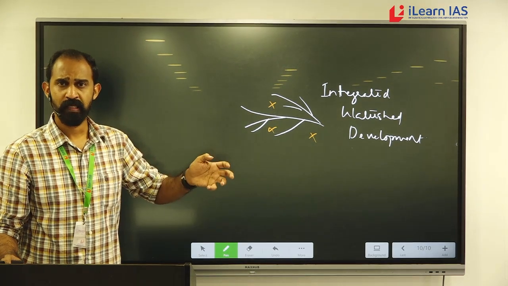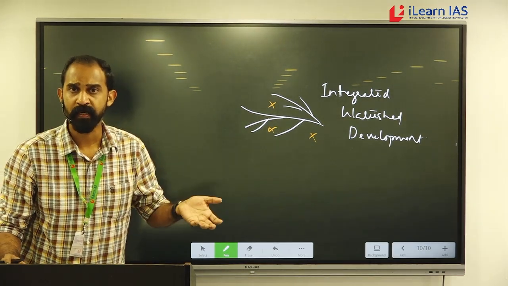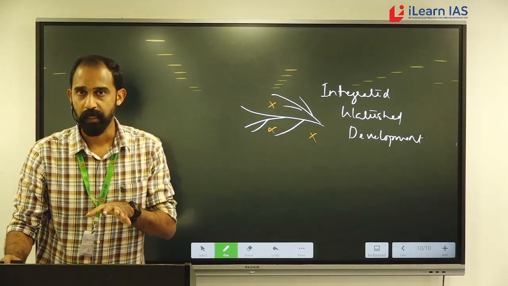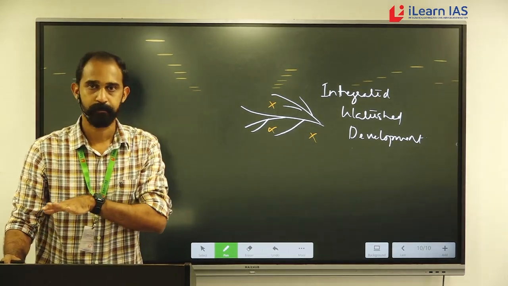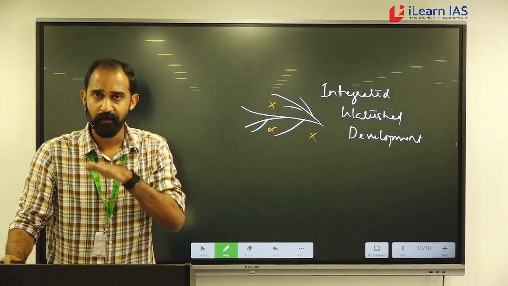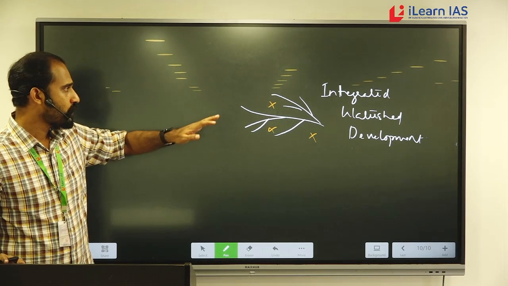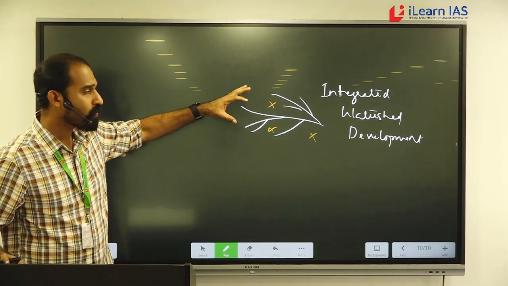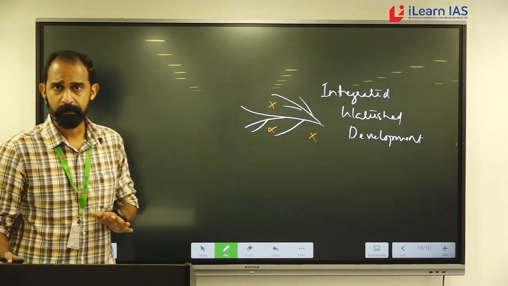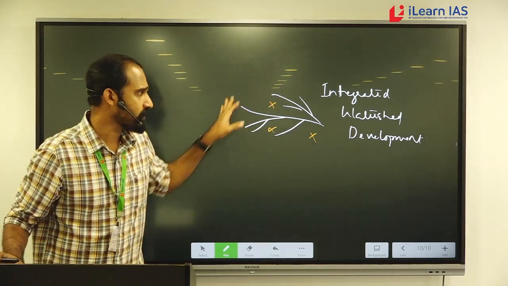So mostly you can find that the rural economy is highly dependent on factors like water, soil, and the natural vegetation. Now here in the concept of the integrated watershed development program, we try to slow down the movement of water in this watershed.